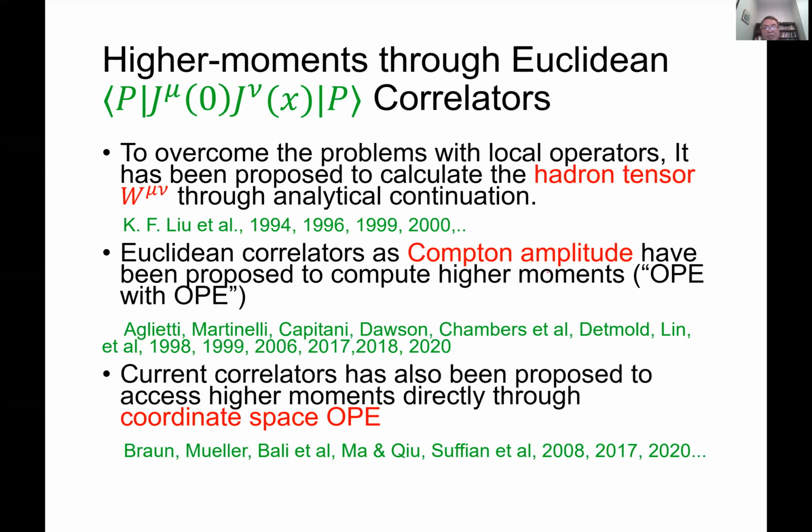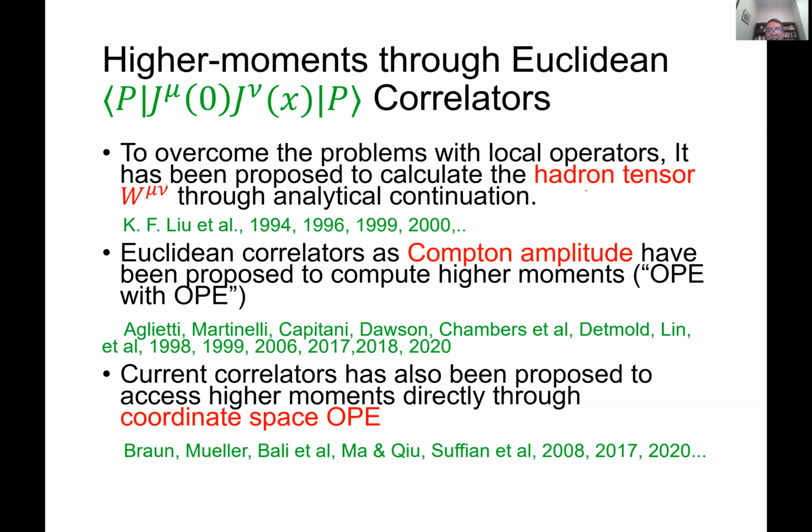The first thought was to calculate the hadron tensor, because of course the hadron tensor involves the dispersive part of this, so you have to do analytic continuation. So you calculate the Euclidean current correlators, and if you want to get a Minkowski one, you can do analytic continuation, or you can take that as a Compton amplitude and compute the higher moments.